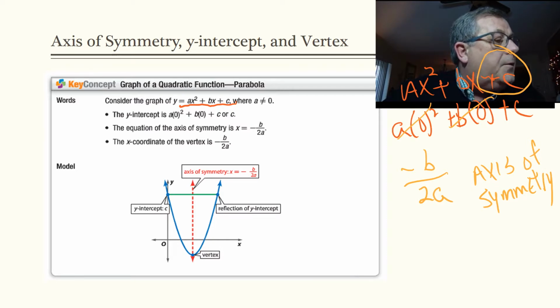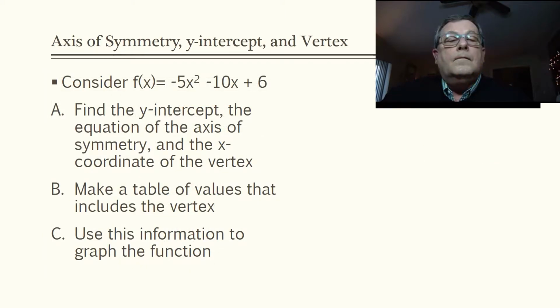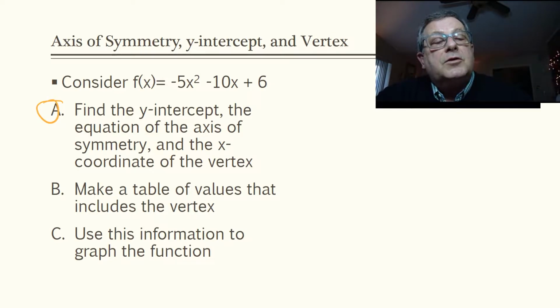We'll be moving over to page 221, example 2. All right, so here we've got a function, f of x equals negative 5x squared minus 10x plus 6. And we're asked to do several things here. The first thing we're asked to do is find the y-intercept along with the equation of the axis of symmetry, and then follow that with the x-coordinate of the vertex.